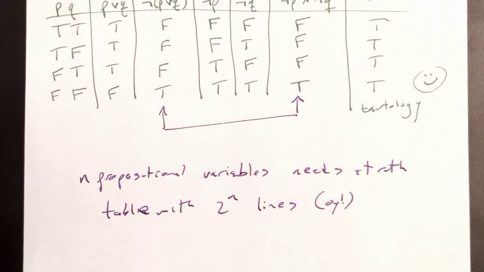Normally on a standard sheet of paper, there are 66 lines of text. So I get to 6 variables and I fill the page with one truth table. That hurts. I don't want to do that.